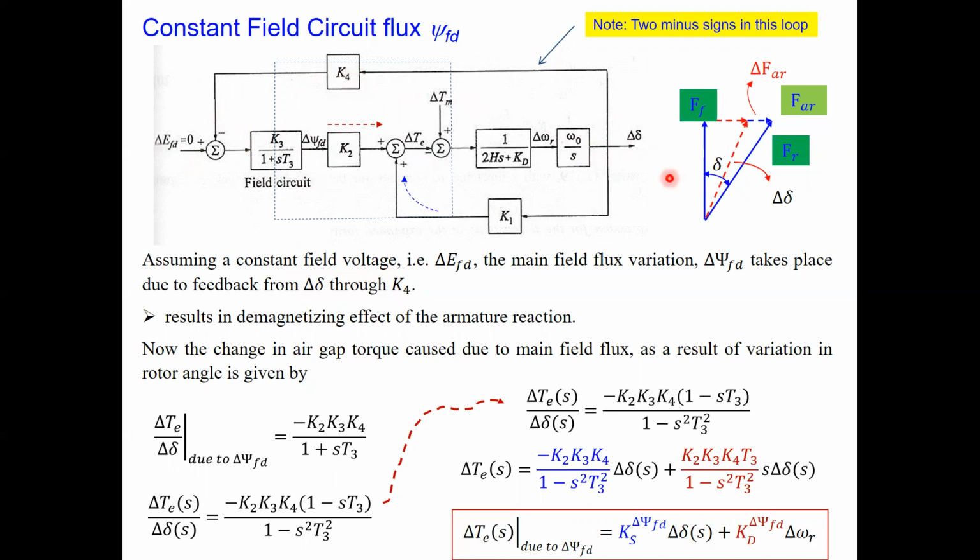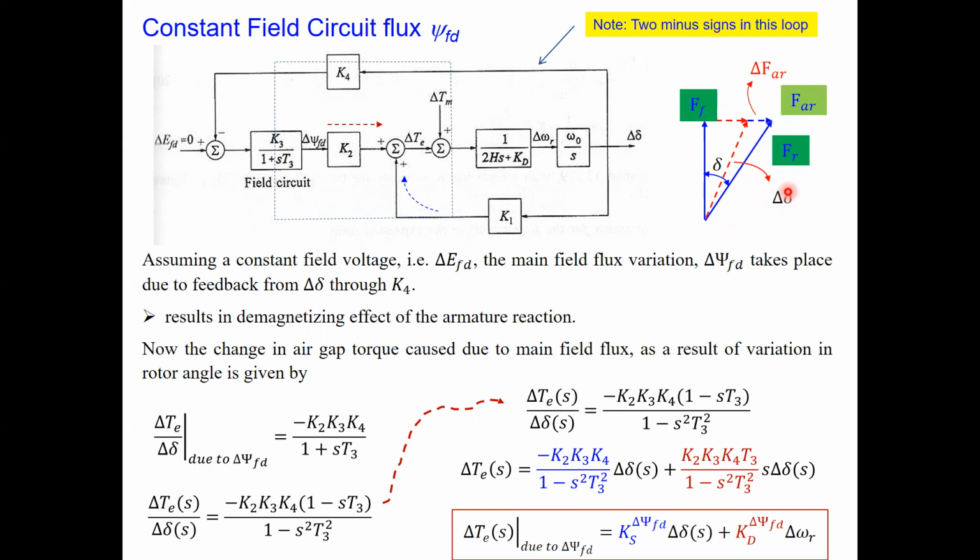In fact, I have illustrated another figure here in terms of phasors. If you refer to the previous phasor representation, this is the main field here, right? And let's say this is your resultant field, and this is because of the armature reaction MMF. Now let's assume that some change is applied at the generator terminal. Then what will happen?